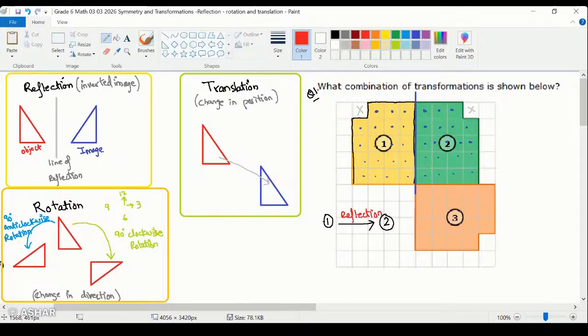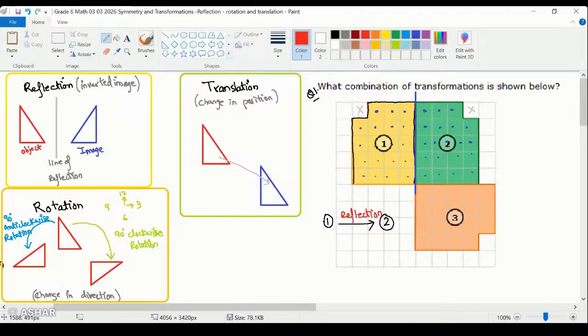It's like when you're clapping, right? When you open up your palms that were connected together, the thumb goes on the outer side, right? That means both the palms are a reflection of each other, inverted images, right? Okay. From 1 to 2, it's a reflection.